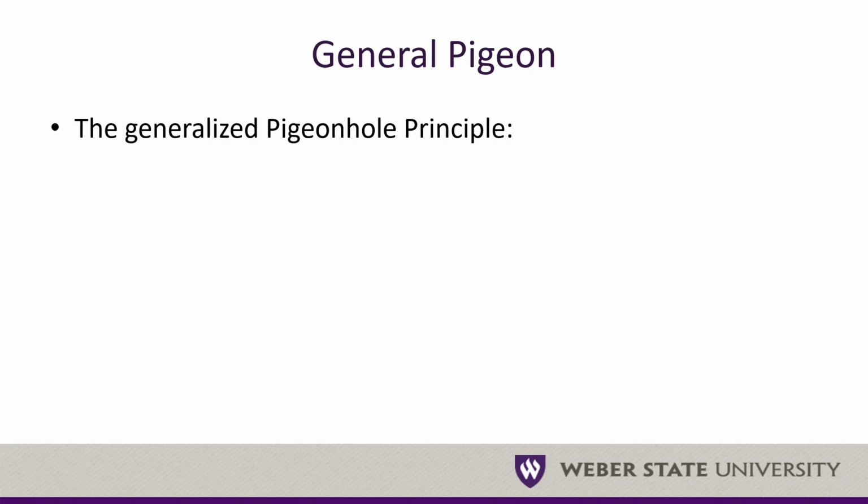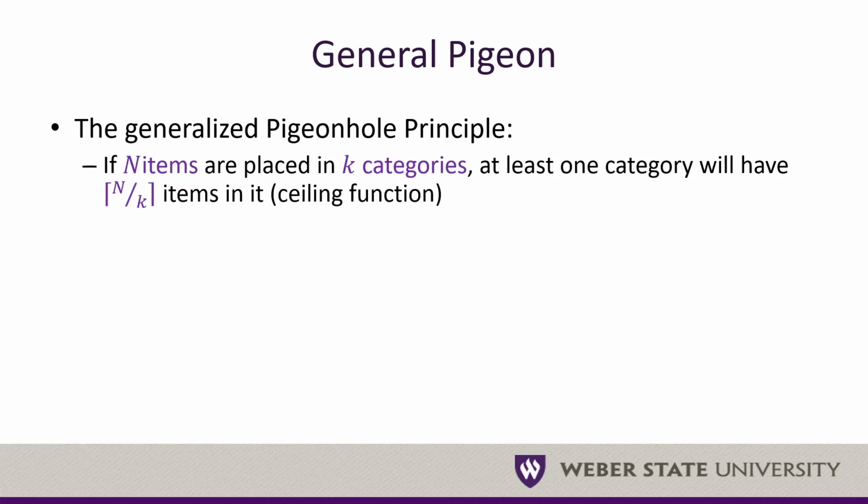Our general pigeonhole principle basically relies on this. If I've got n items that I'm putting into k categories, then I'm going to have the ceiling of n over k items in at least 1 category.